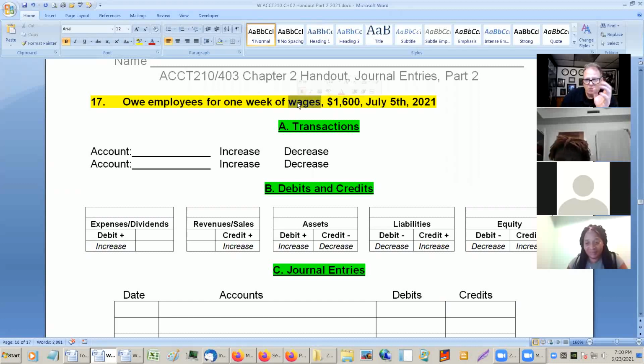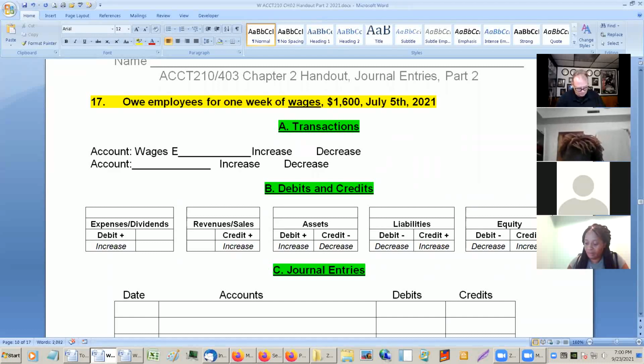So wage expense and wages payable, or accounts payable, I'll take that too. Use wages payable; you could also use WP.